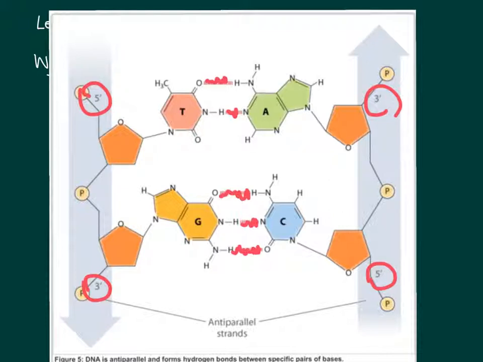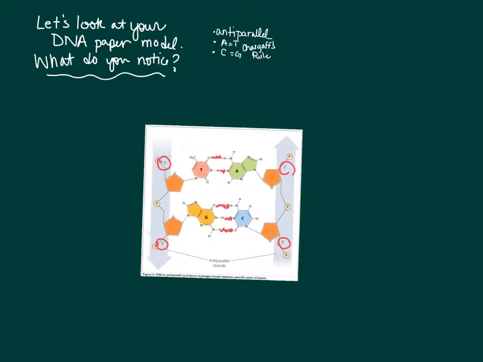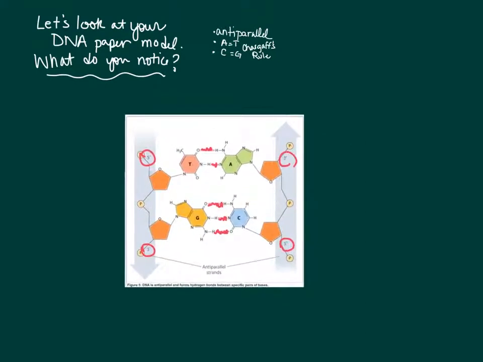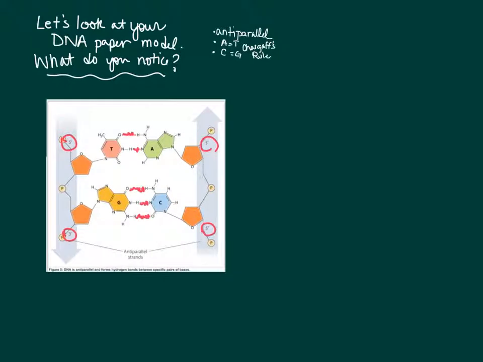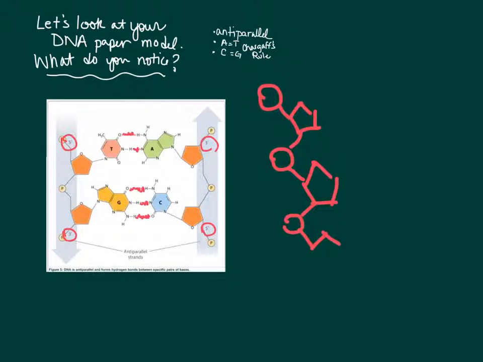On the sides of your molecules, you'll notice you should have sugars and phosphates alternating, all stacked up on top of each other. Do you have that? How many of those do you have? Sugars and phosphates all stacked up. Mm-hmm. So you should have like a phosphate and then a sugar and then a phosphate and then a sugar and then a phosphate and then a sugar.